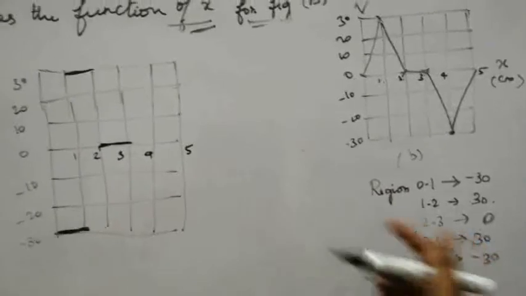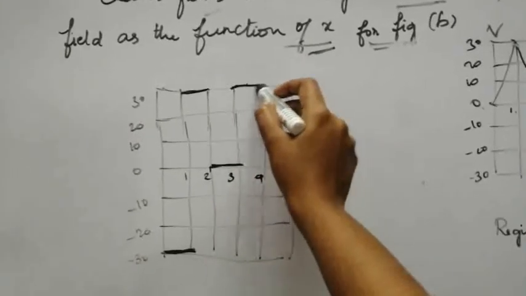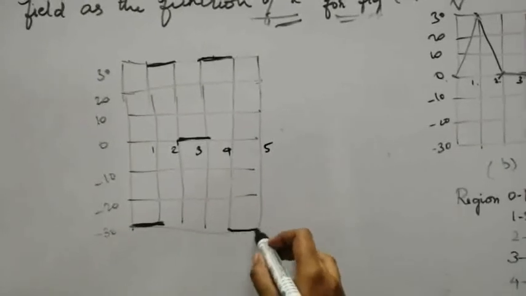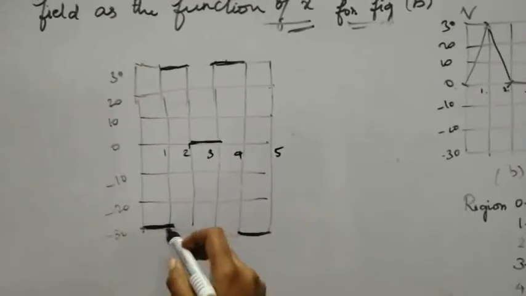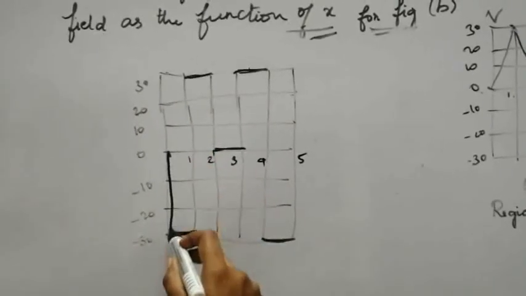For 3 to 4, it is plus 30. And for 4 to 5, it is minus 30. So when you join this on the whole, let me start from 0. It is like this.